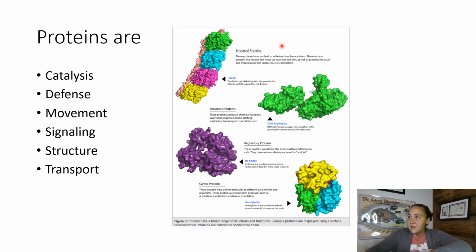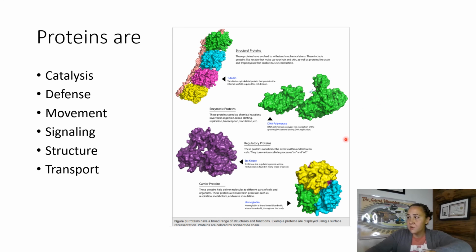In this slide, I have on top a structural protein called tubulin, an enzymatic protein called DNA polymerase. This is the enzyme that helps us in the lab at the SSRC do reactions called polymerase chain reaction.